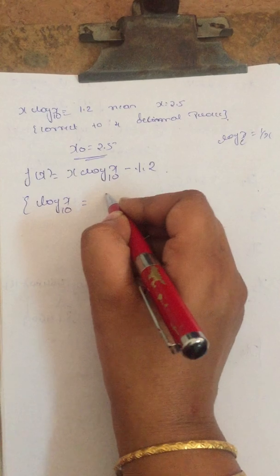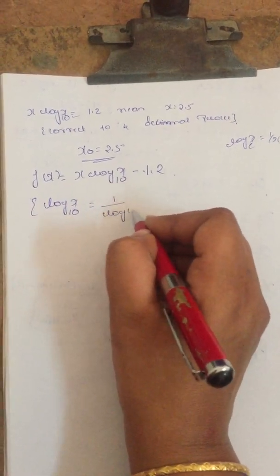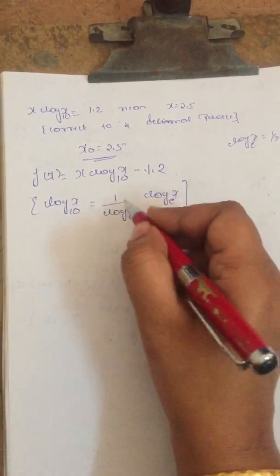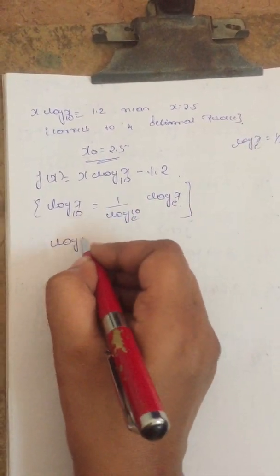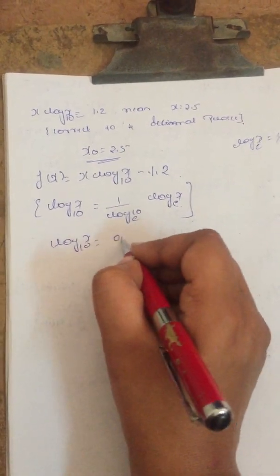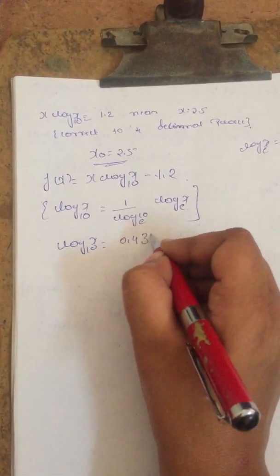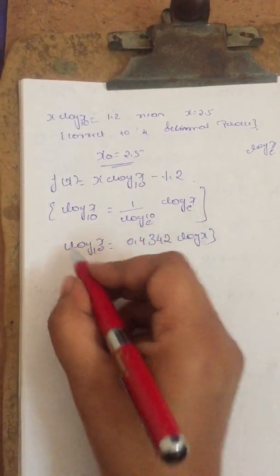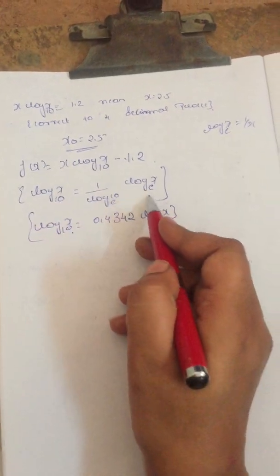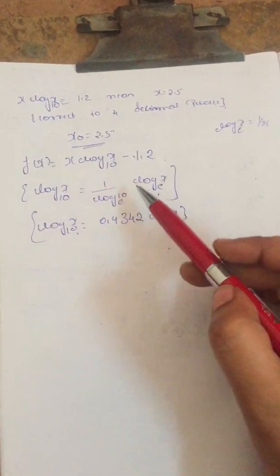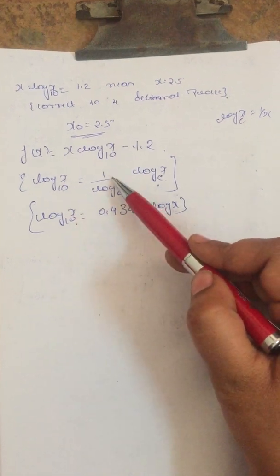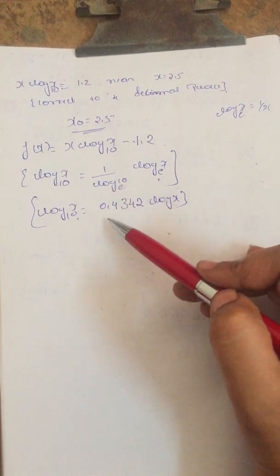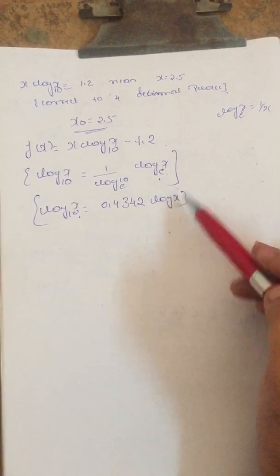Log x base 10 can be written as 1 by log 10 base e into log x base e. 1 by log 10 base e has the value 0.4342, so log x base 10 is 0.4342 into log x. We converted it using the logarithmic property.